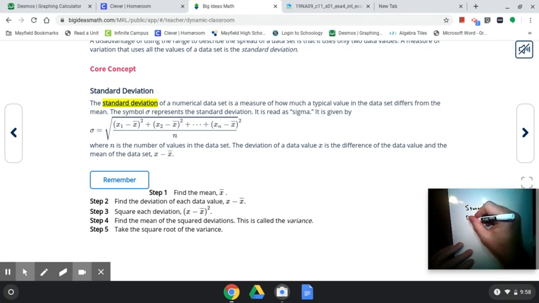Standard deviation. Standard just means regular, right? Deviation means change. So what we're saying is, what's the regular amount of change? So when we say standard deviation, don't get thrown off by it's a big word. All it means is regular change.